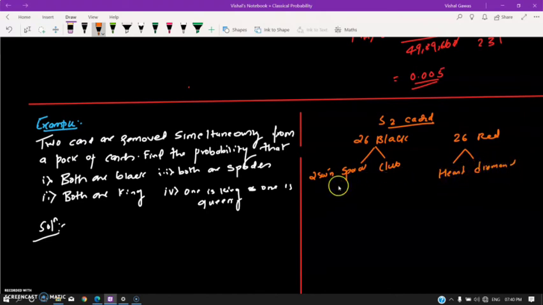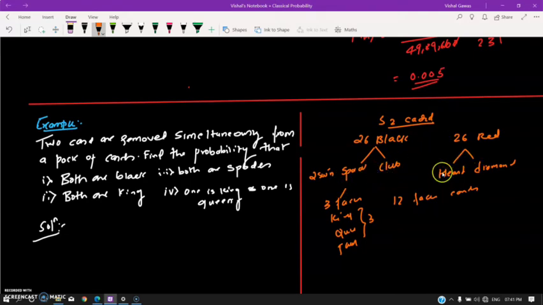Then each of these four suits has three face cards: king, queen, and jack. Altogether, there would be 12 face cards, because each suit has three and there are four suits.